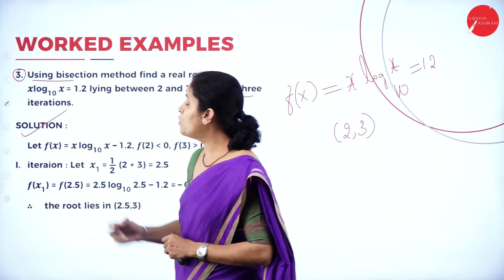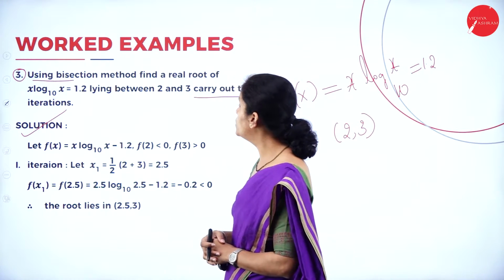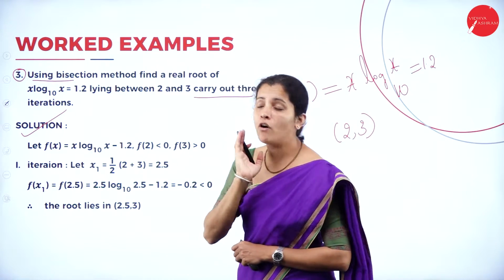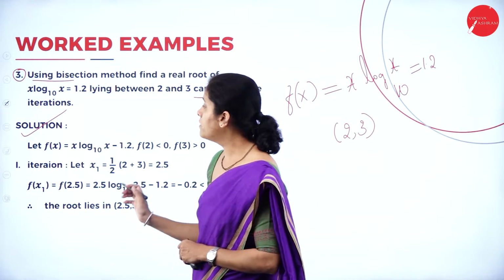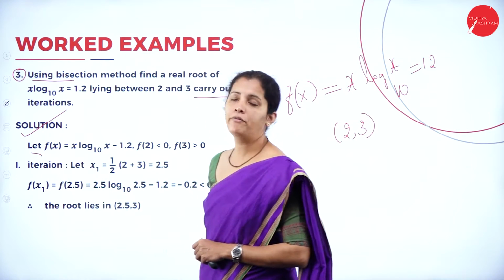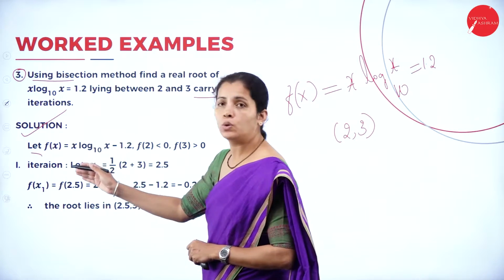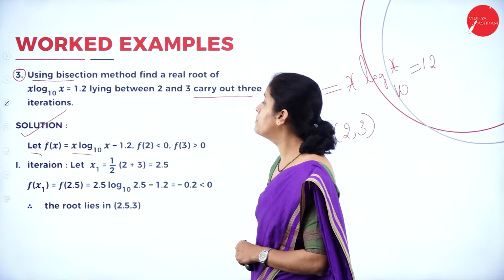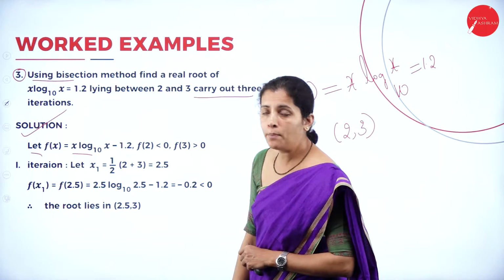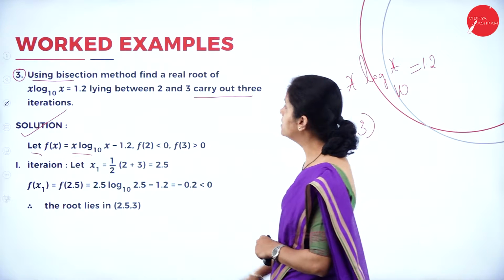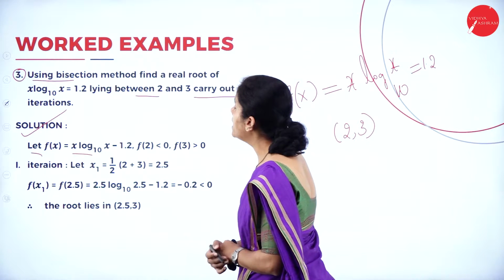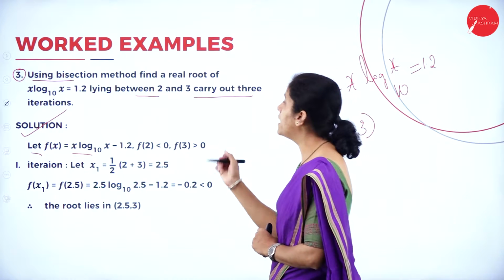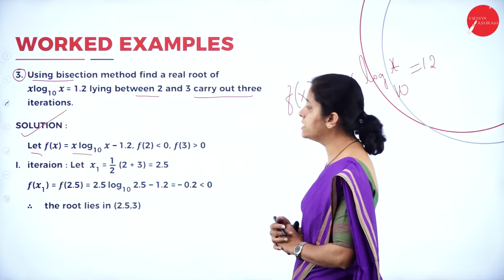Now, let me solve this problem. First, I want to write this equation in the form of f of x. So let f of x equal x log x base 10 minus 1.2. What is my first root? That is 2, and my second root is 3.